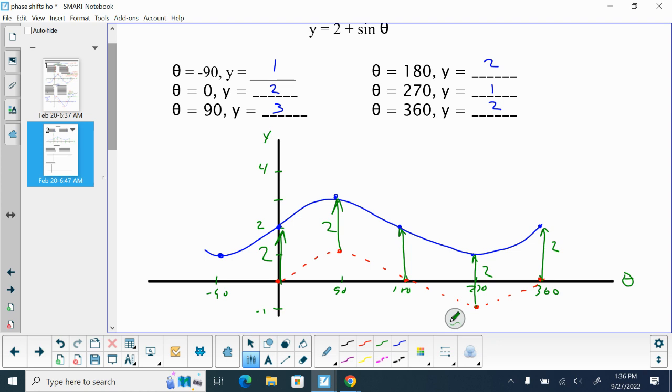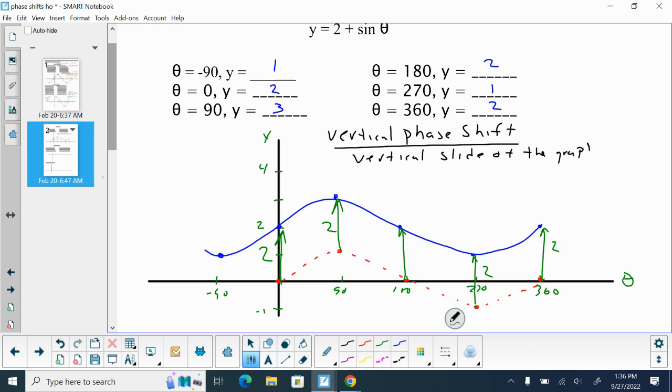What we call this is a vertical phase shift, which is the slide vertically of all of our points. So we're taking a vertical phase shift, or vertical slide, of our graph.